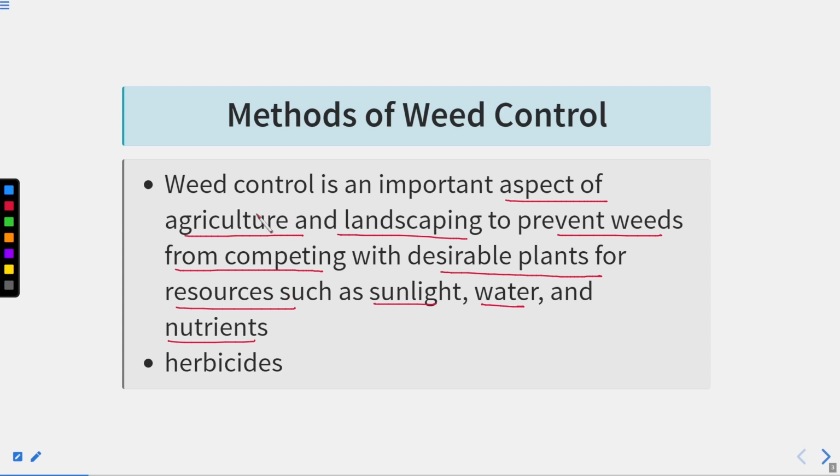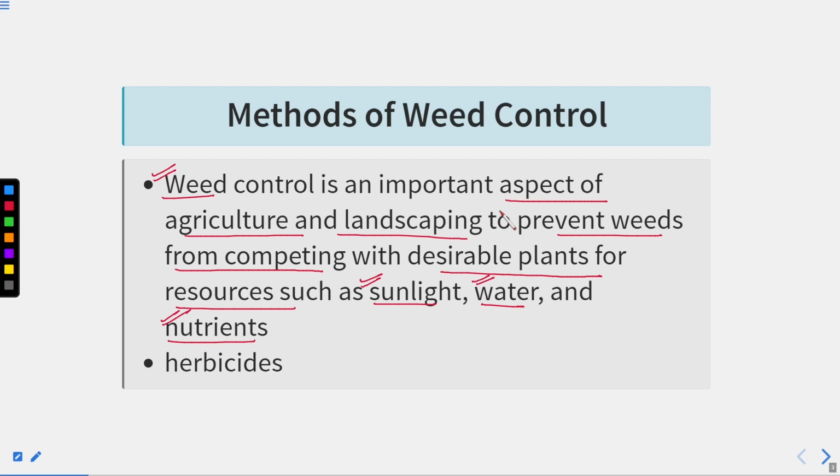So, why are these weeds so harmful for us? These weeds actually grow with our crop, in our cropland, along with our crops, and they compete with the crops for the sunlight, for the availability of the water, and also for the nutrients.